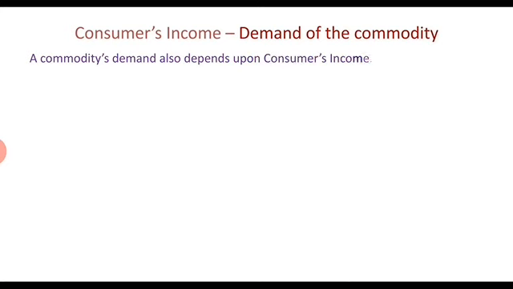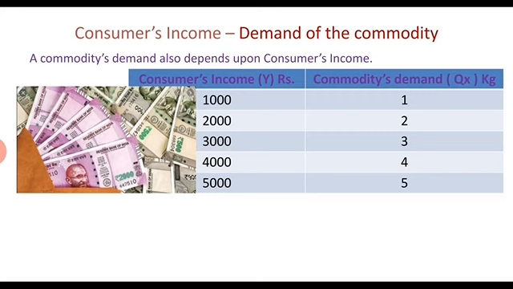Consumer's income. Consumer's income is an important determinant of demand. A commodity's demand also depends upon consumer's income. If consumer's income increases, the demand of the commodity also increases. Observe the table.